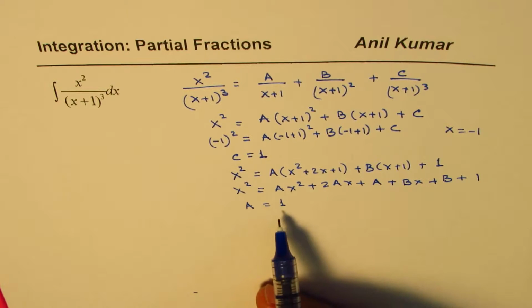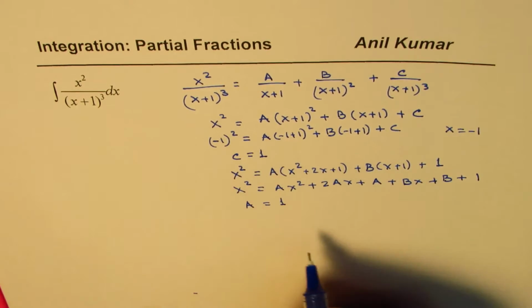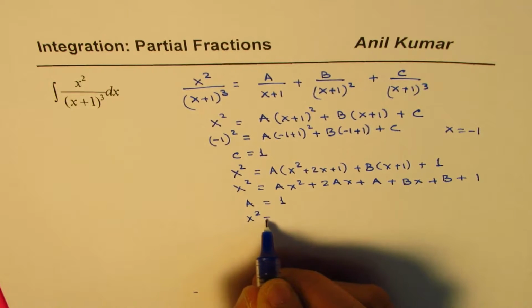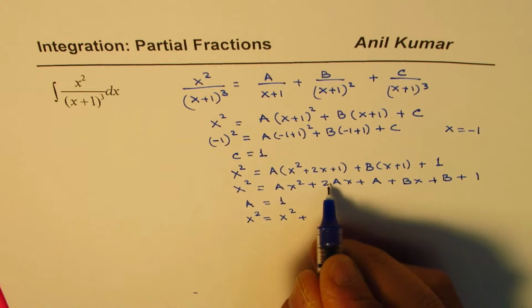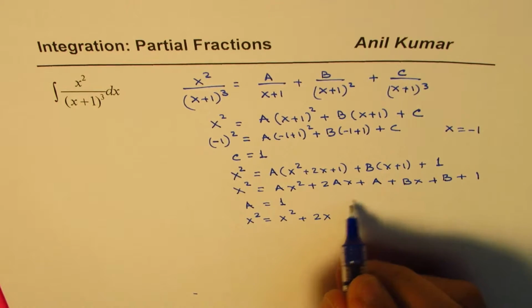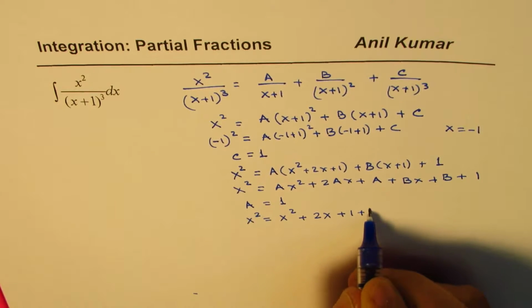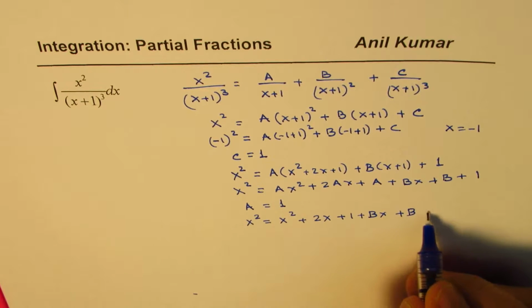Now if I substitute A as 1 here, we can find B. Getting back to our equation, we write x squared equals, with A as 1, x squared plus 2x plus 1 plus Bx plus B plus 1.